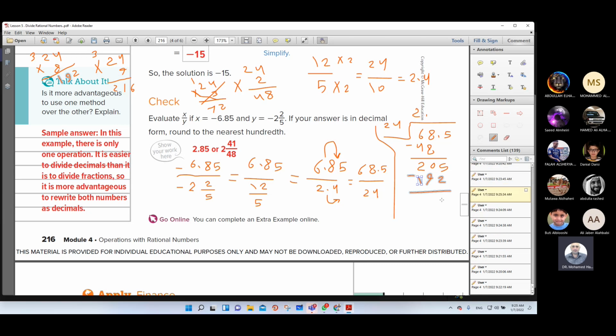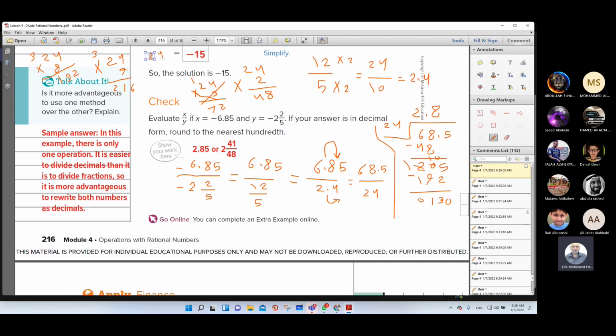Then do minus: 5 minus 2 is 3. And here borrow 1 from 2, 0 will be 10. 10 minus 9 is 1. And here 0. Then you can continue. So here put 8. You can continue, but here 0. Which number times 24 equals 130?